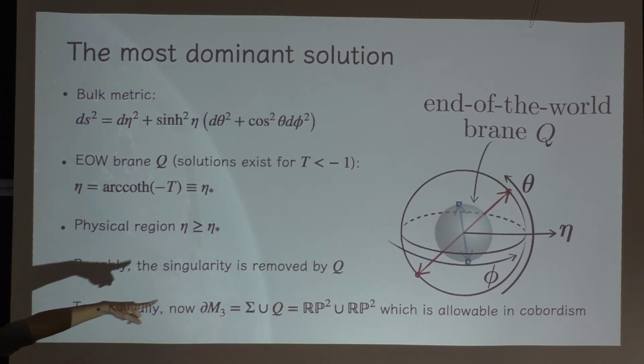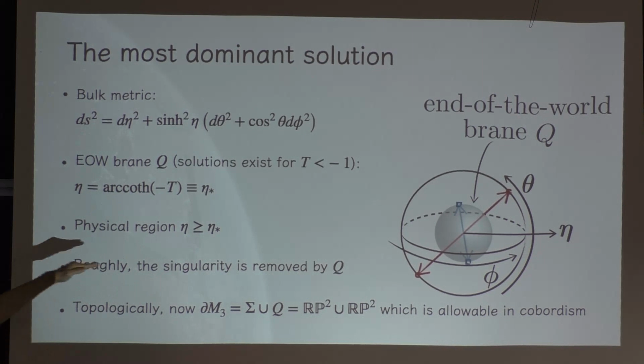The physical region in this picture is the eta greater than eta star region. Roughly speaking, the singularity is just removed by this end-of-the-world brane. From a topological point of view, after introducing this brane, the boundary of the whole 3D bulk turns out to be a union of two RP2, and that is allowable in the bulk.